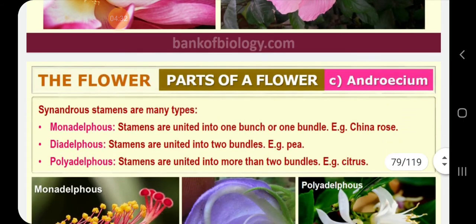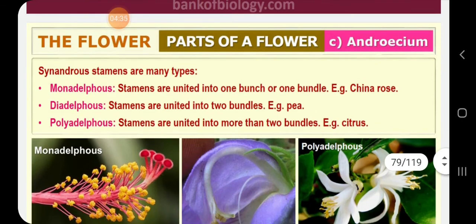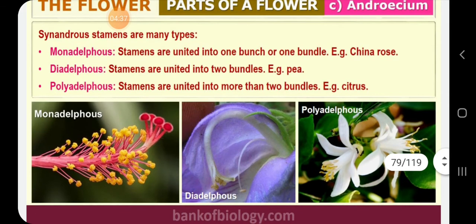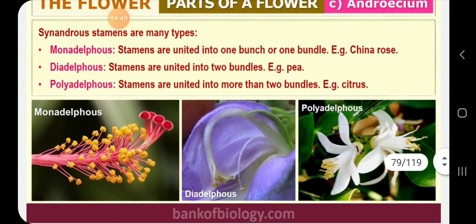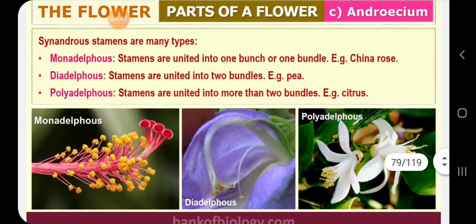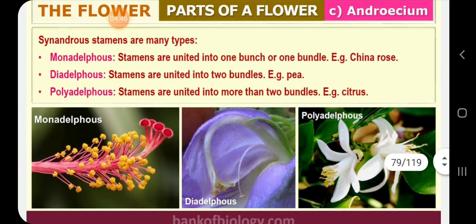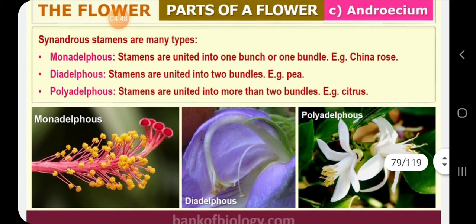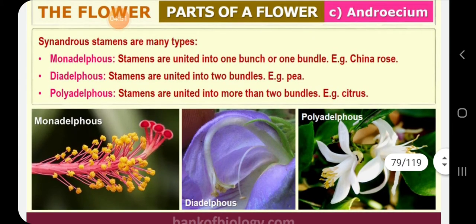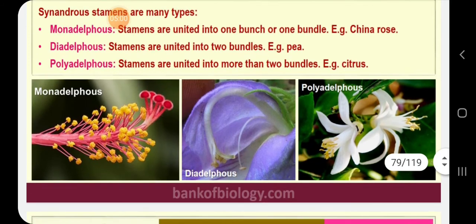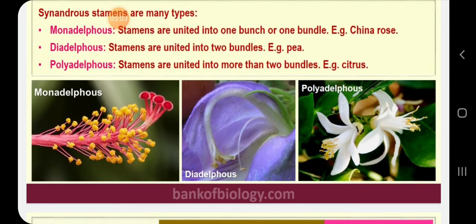Now in the androecium there are monoadelphous, diadelphous, and polyadelphous types, based on the stamens. When stamens are united into one single bunch or bundle, it is called monoadelphous, as in China rose. Diadelphous: the stamens are present in two bundles.